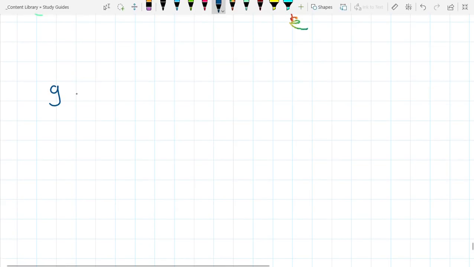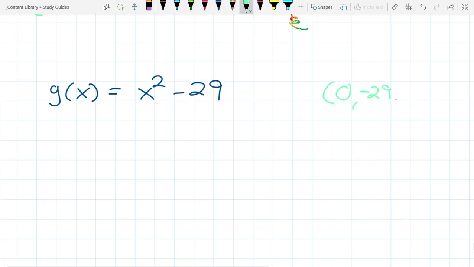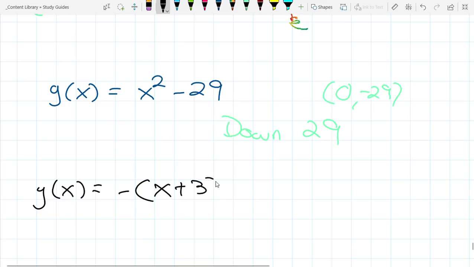If we look at 26, where they have x squared minus 29, the vertex for this one would be 0, negative 29. Well, that means you have gone down 29 from the original graph. And finally, the last one, which is g of x equals negative on the outside, x plus 3 squared plus 82.